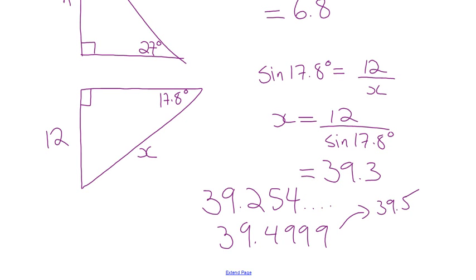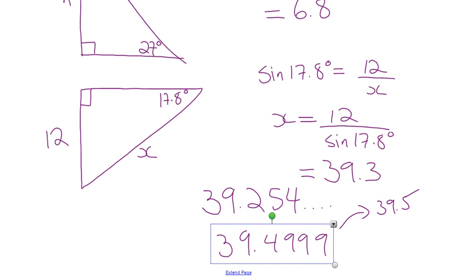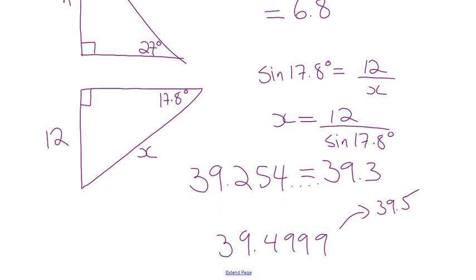Okay, if I had 39.4499 and I want to round that to one decimal place, it's 39.4. By cascading rounding, I mean you don't start here and say, oh, that rounds to 39.45, and 39.45 rounds to 39.5.